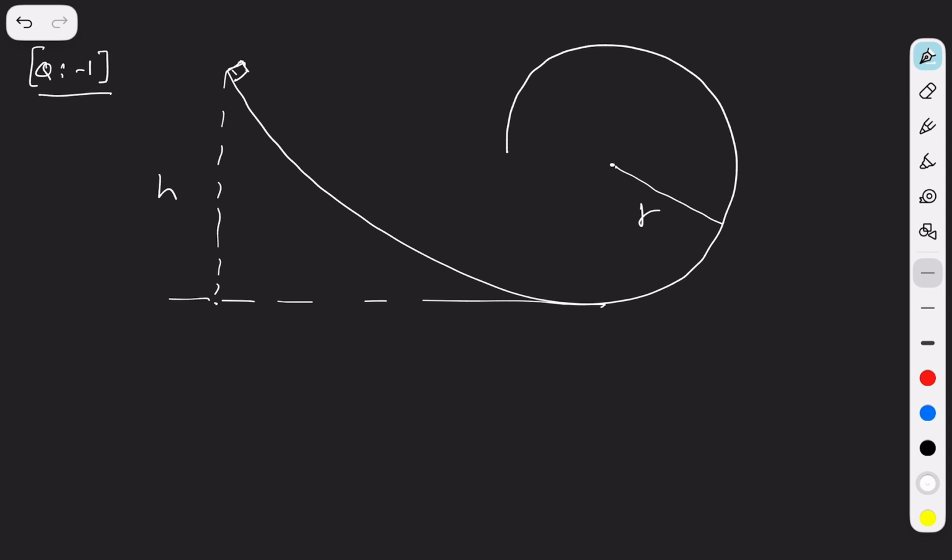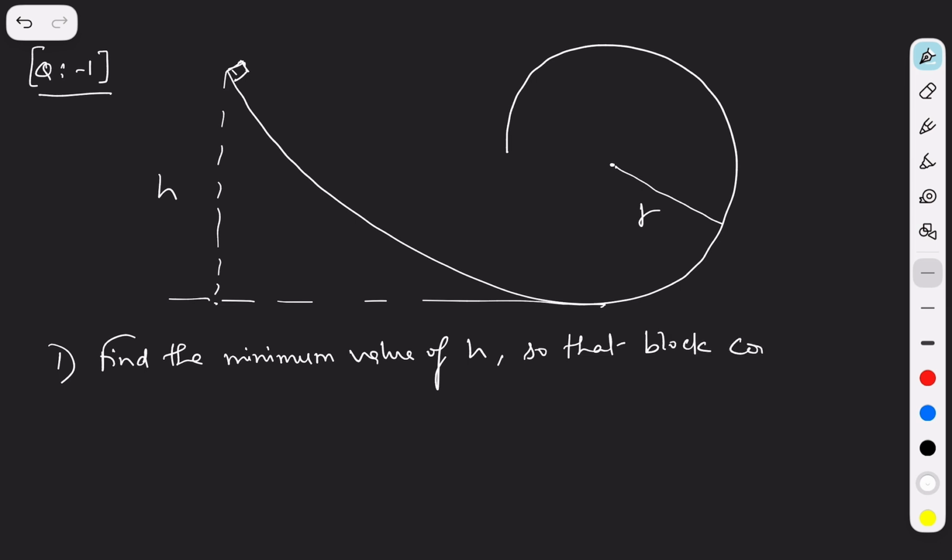The question number one is, guys, find the minimum value of h so that the block could complete full circle. Okay, guys, so this is the first problem.